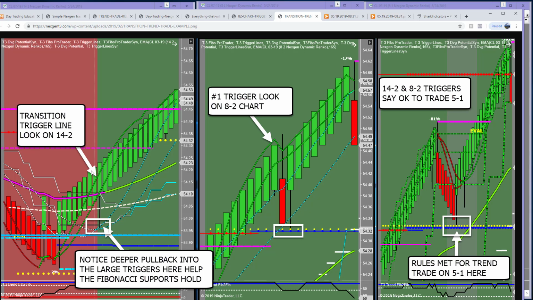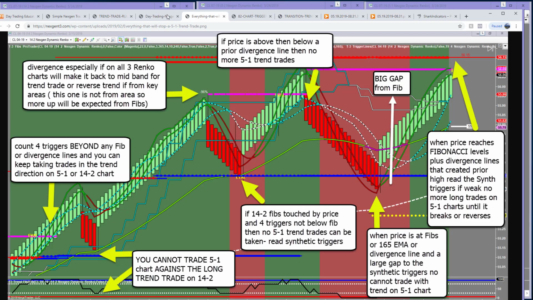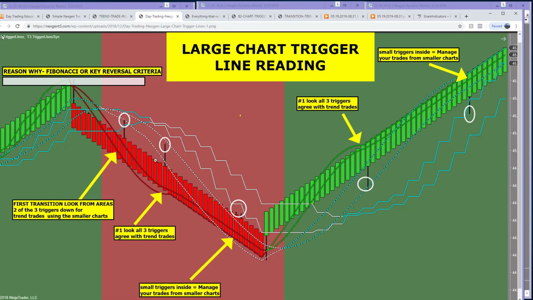So again, I'm going to backtrack one more time. So the first rule, David, is the large 14-2 chart has the correct triggers. David, stop guessing. Trust me. I got you. The 14-2 chart drives the bus.